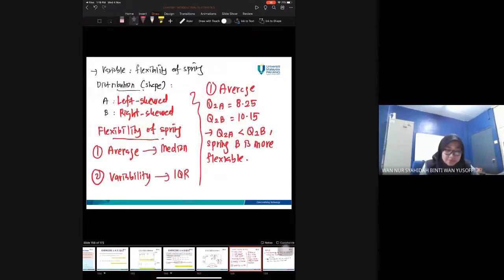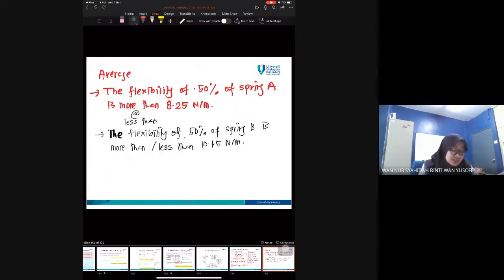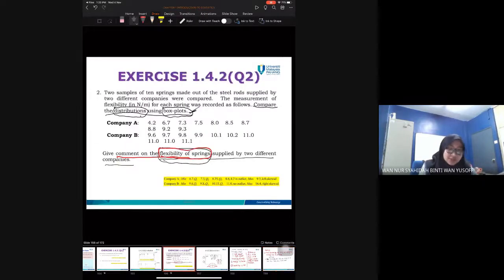You can compare your averages and notice which one is better, or you can just interpret your data based on the average value. It's up to you, because the question here is just to comment, not necessarily to identify which one is more flexible.